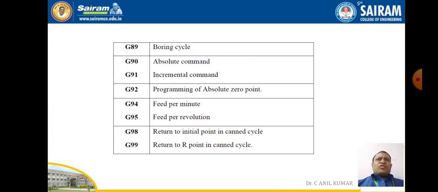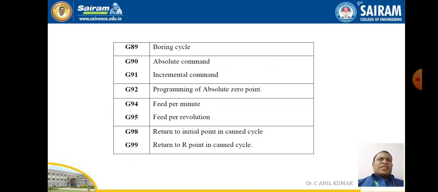The next codes: G90 is the absolute command. This is the most important one. The programming we are doing is either with respect to absolute dimensioning or incremental dimensioning. If the programming is done using absolute dimensioning, we give G90, and if the programming is incremental, we give G91.